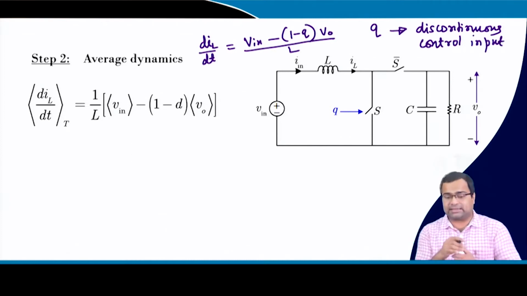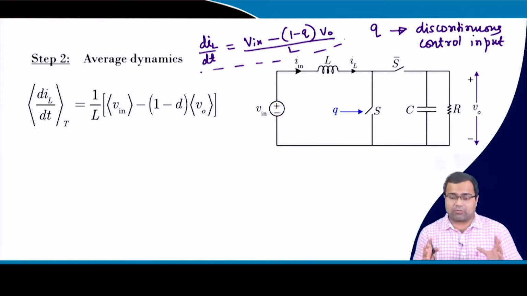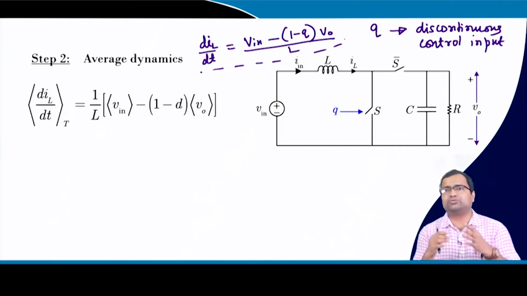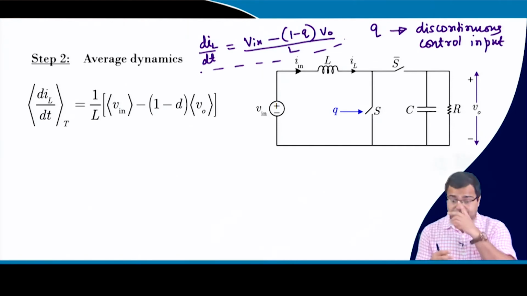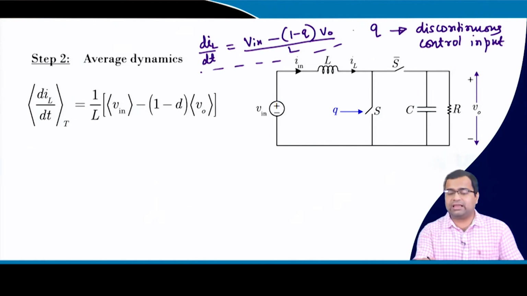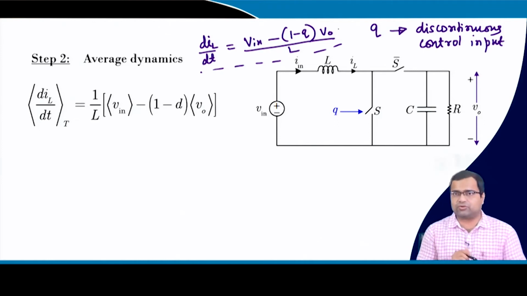For such a system, this represents a switched linear system where you have a discontinuity. So, you cannot apply any Taylor series, because the Taylor series requires the nonlinearity to be differentiable, that is, it should satisfy Lipschitz continuity, but it does not in the current form when you have a discontinuous control input.